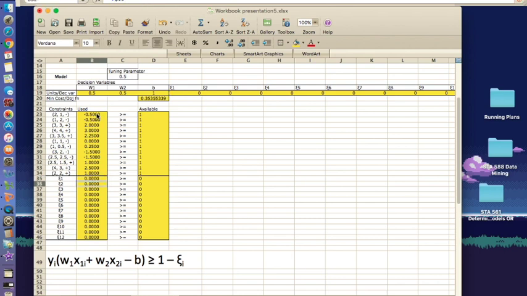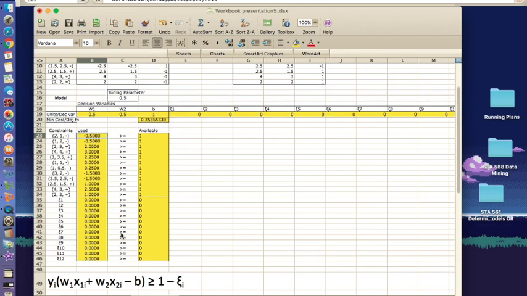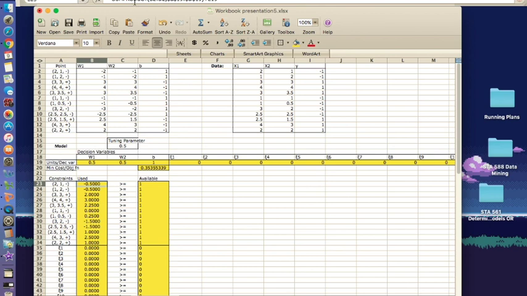So for the first of these, in order to get this value, we have sum product of B2 through D2, so W1, W2, and B, or the coefficients of them rather, sum product with B19 through D19 here, so that is just the coefficients of these three multiplied by W1, W2, and B in our current solution.